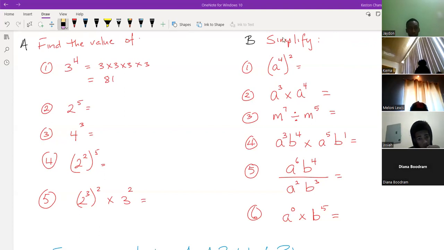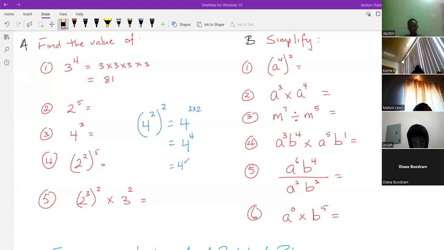So for example, if I have 4 to the power of 2 raised to the power of 2, that's actually 4 to the power of 2 multiplied by 2. And that'll give me 4 to the power of 4. And then after, expand this out and work it, that's like 16 by 16.